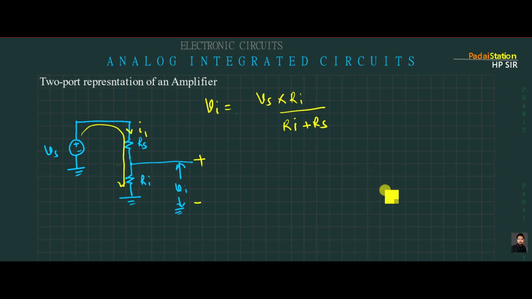We get Vi equal to Vs into Ri divided by Ri plus Ri, so Vs into Ri divided by 2Ri. This is the effect of Rs. So Vi is equal to half of Vs. What does it mean?